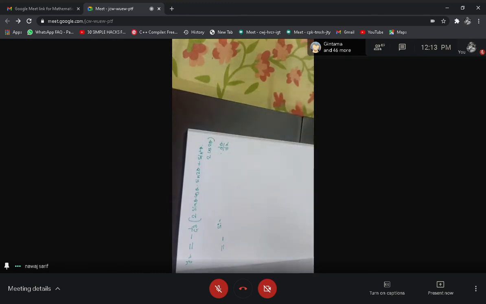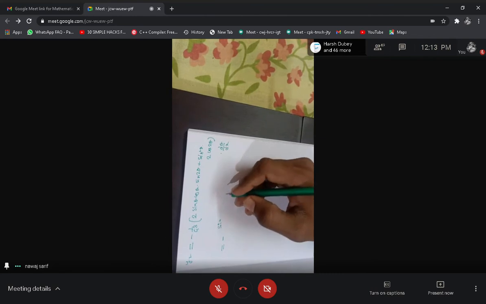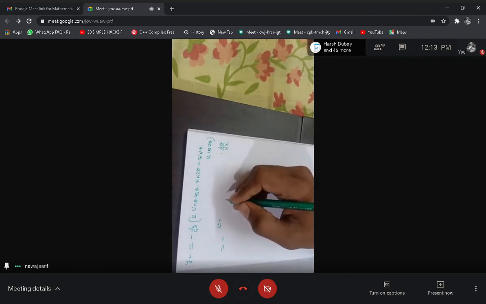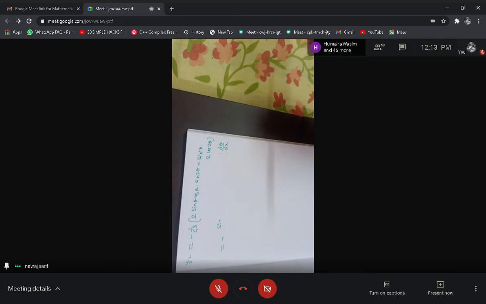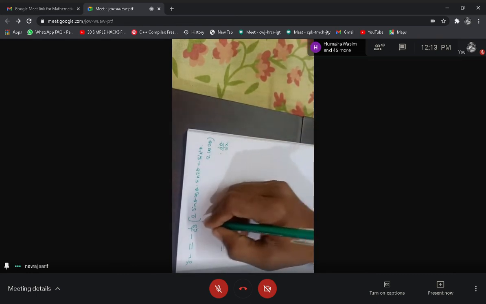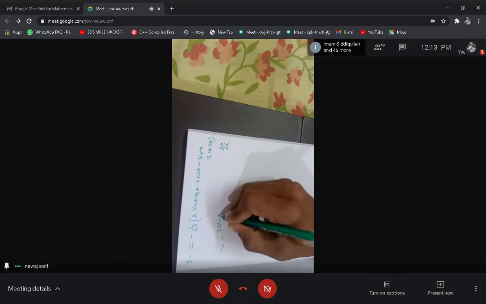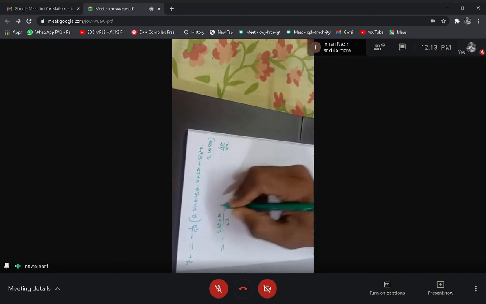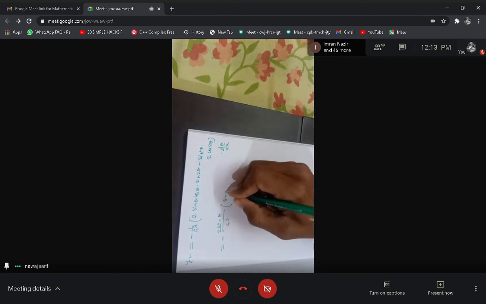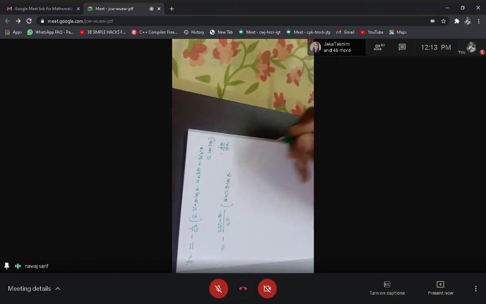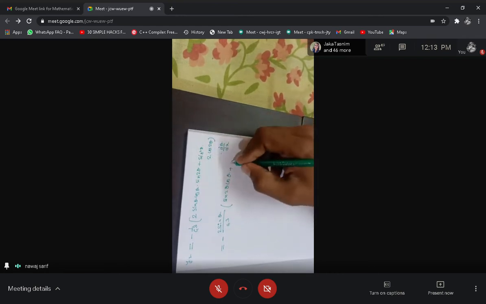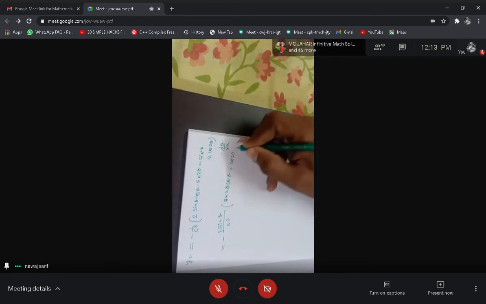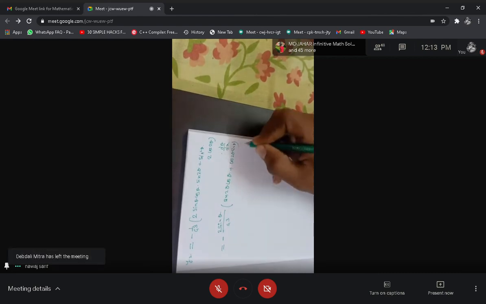Okay. Then here you take minus 2 sin theta common out. Minus 2 sin theta upon a cube, then this will be sin 2 theta cos theta plus cos 2 theta into sin theta, and d x by d theta is what?